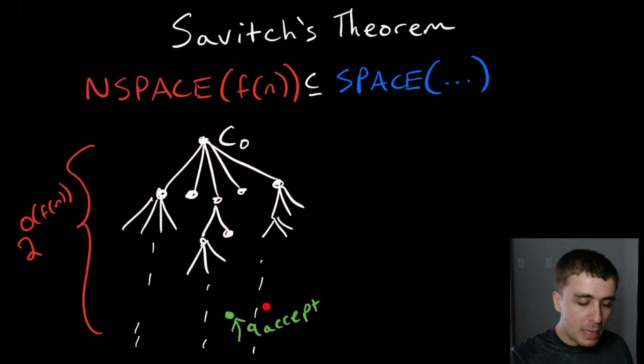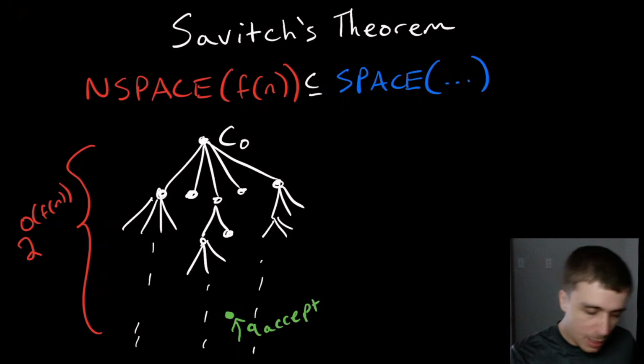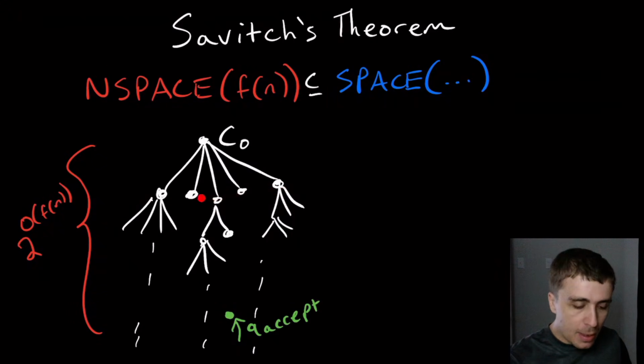We're just determining whether there's a q accept at some level here. This brute force simulation is guaranteed to work, because we just keep going down, and eventually, if this thing is here, we'll find it.